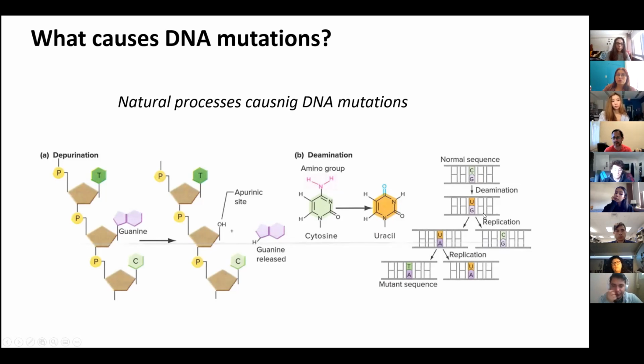So in this example here, the deamination example, we have a CG pair here. So the cytosine here is going to be deaminated, and it will result in a uracil. And during replication, there will be one copy carrying still the uracil and one copy that will be similar to the original one. But in the next round of replication, we will get this mutant sequence here, because now this adenine here is going to be paired with the thymine.